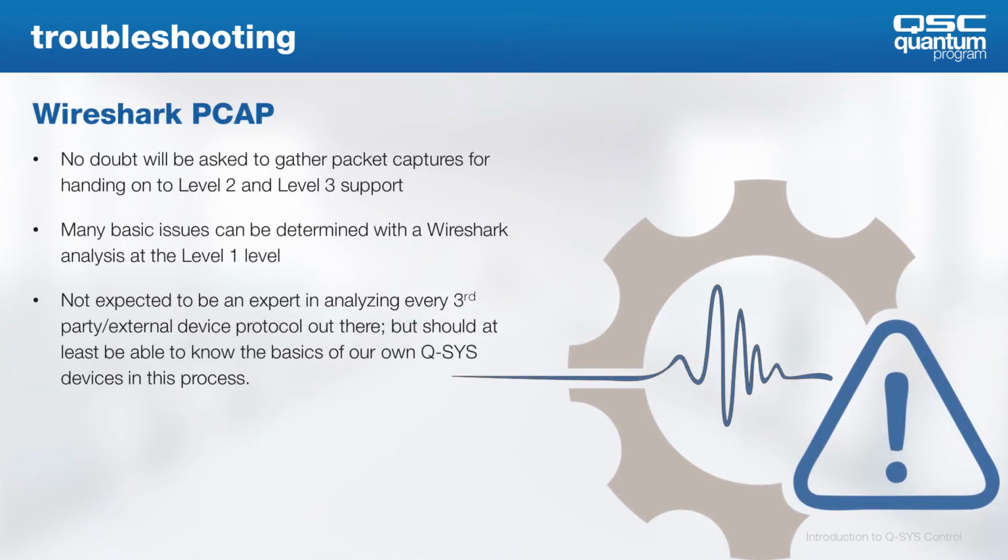Next, performing a Wireshark packet capture, or PCAP, for our Q-SYS support team can often help gather useful information to diagnose a variety of IP control problems. While Q-SYS support team can't be expert on every third-party device protocol, Wireshark can help verify which commands and responses are being sent between devices to better understand why or why not a control is functioning.